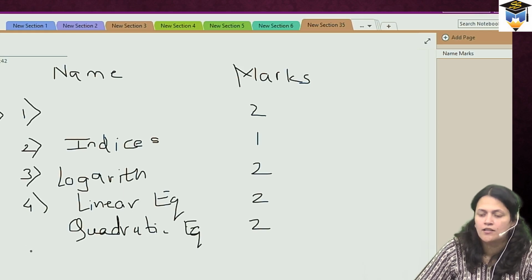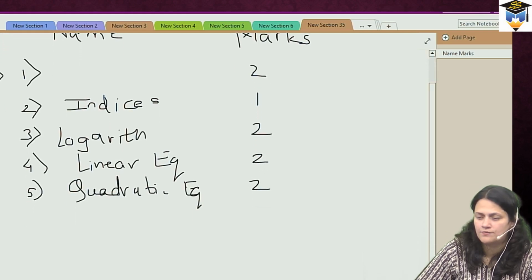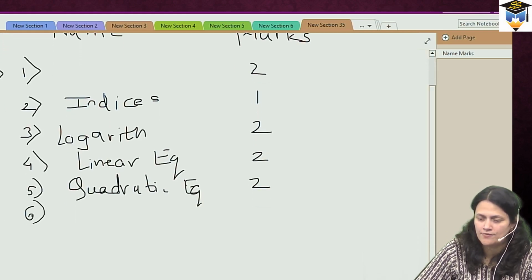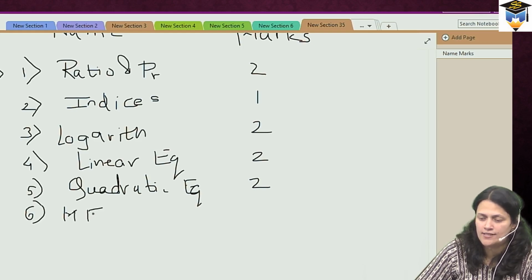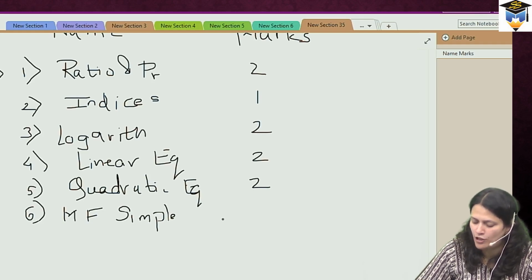Then sixth one is mathematics of finance, simple interest, which is asked for 3 marks.